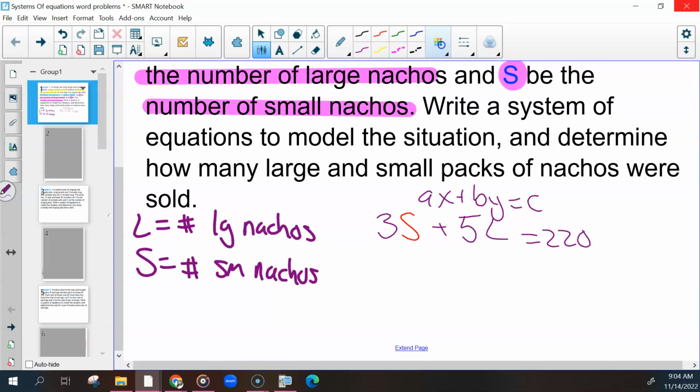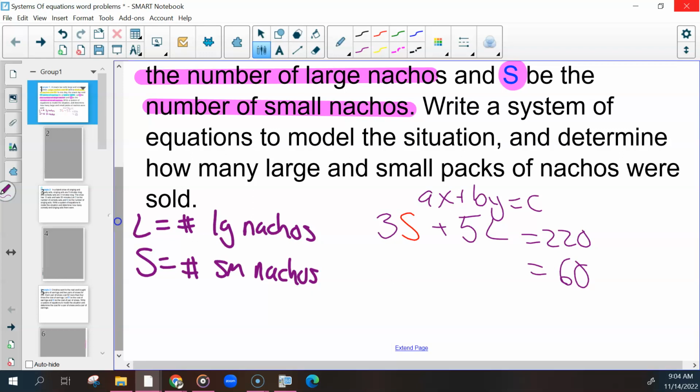Okay. Remember that we are still dealing with systems of equations, so we need 2. We are given another total, the 60. 60 represents the total number of packs.